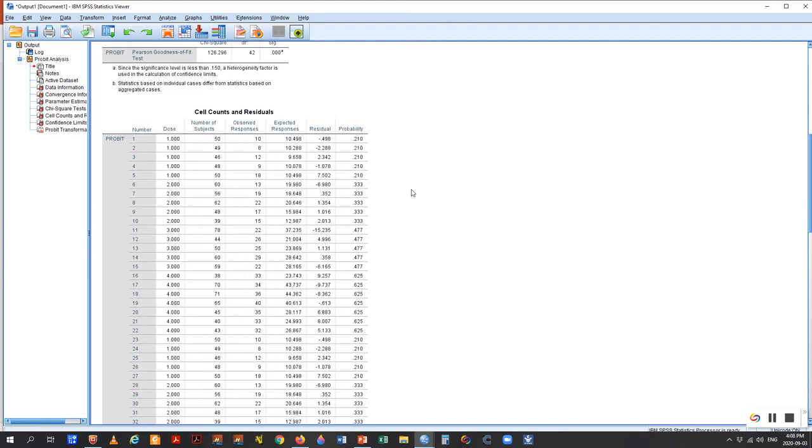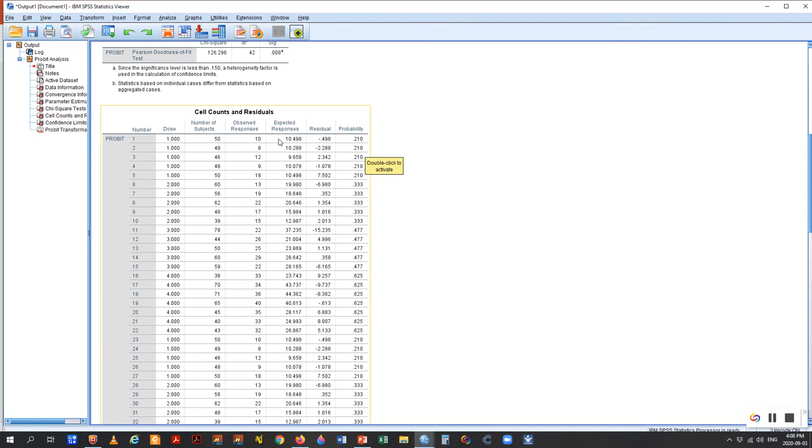So table 5, here we have cell counts and residuals. And you can see the difference here between the observed and the expected values. So the key diagnostics from this table is to observe the proximity of observed and expected responses. The residuals are the differences between the observed and the expected responses. So this is what we actually saw in nature, 10.